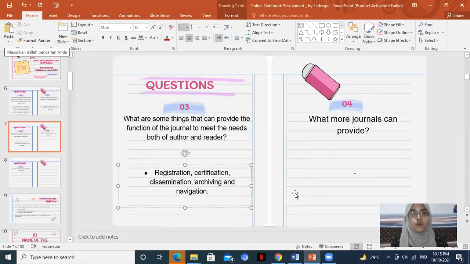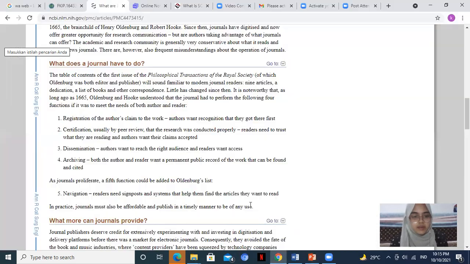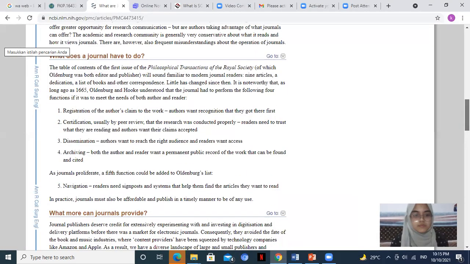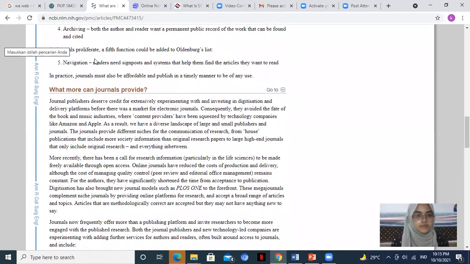Question number 4. What more can journals provide? I found the answer here, under the subheading "What more can journals provide?"